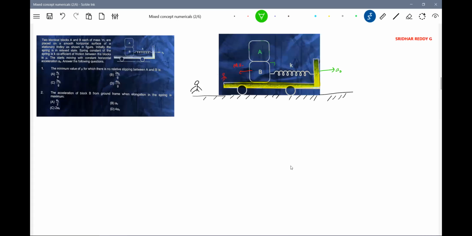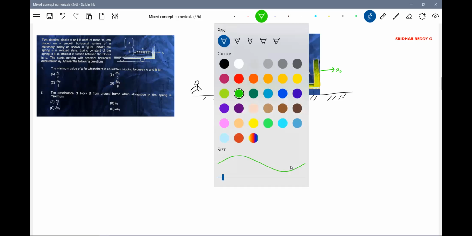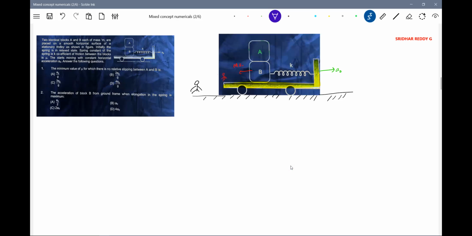I'll bring it. Take this yellow, lemon yellow. And similarly, a friction will be here. And the spring force is what I will show. All these are the forces that are acting.